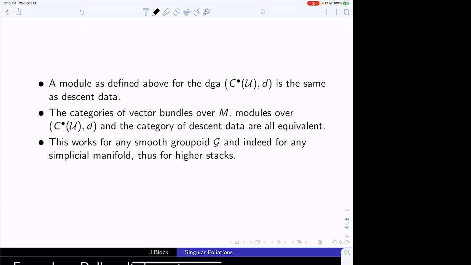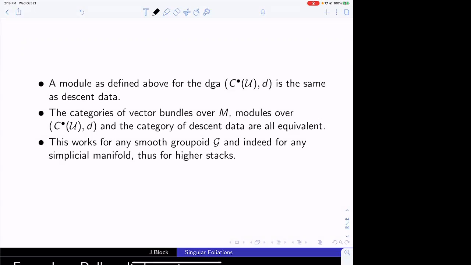Okay, it's a module over this, so I'm basically putting a flat connection on each U alpha. Sorry, not a flat connection. I'm putting a vector bundle on each U alpha, and I have a flat connection on the direct sum of this. And what you see is that a flat connection for this DGA is exactly the same as the cocycle relation that I talked about above.